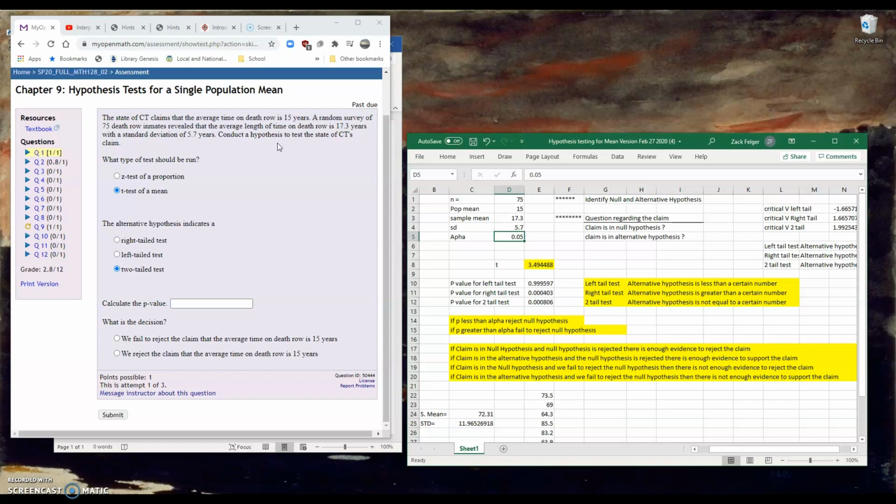If this was a one-tail test, either a left or right-tail test, you would use 0.10. But in this instance, it's a two-tail test, so we'll be using 0.05. Now that calculates our t statistic and our p-value, and since this is a two-tail test, our p-value is right here.